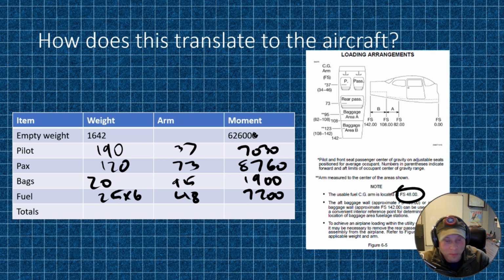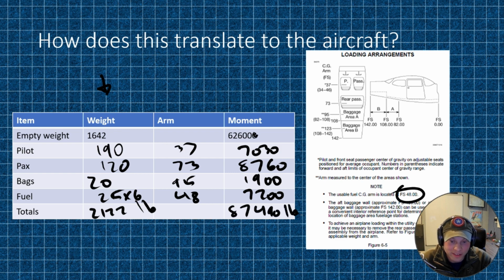And so we add up all the weights. 1642 plus 190 plus 120 plus 20 plus 25 times 6 comes out to 2122 pounds. And our moment, 62600, right? 7030 plus 8760 plus 1900 plus 7200 comes out to a total moment of 87,490 pound inches.